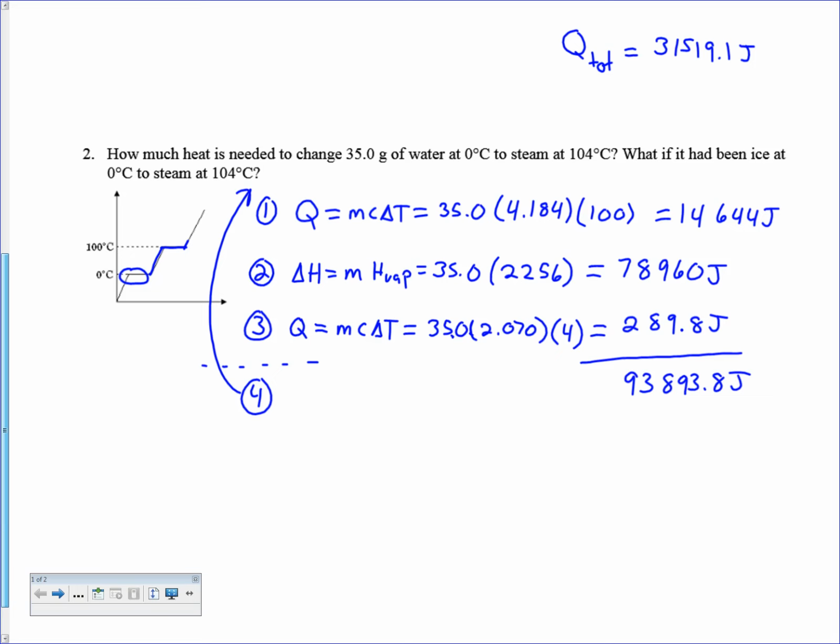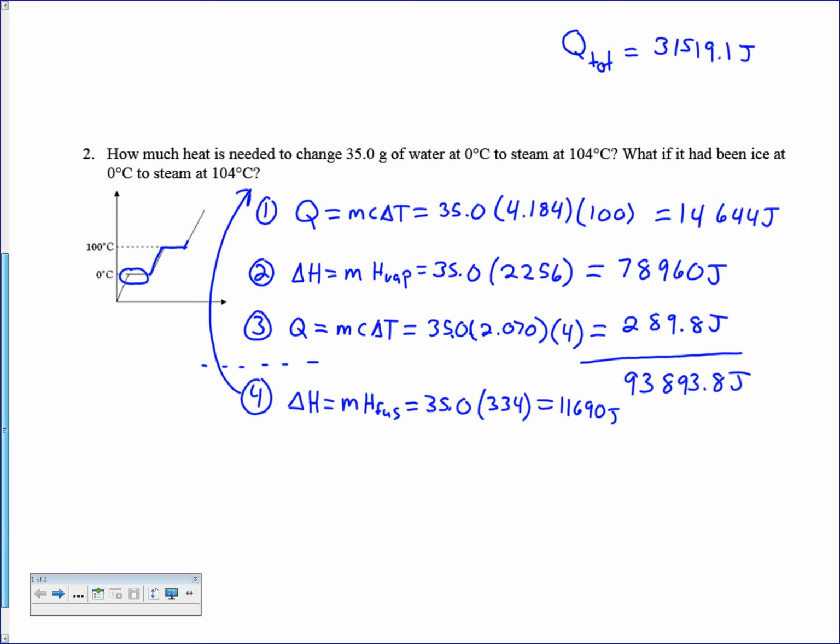What we have is delta H equals mass times heat of fusion, because what we're doing is we'd be melting the ice, equals 35.0 times 334. Multiply those out, you get 11,690 joules.